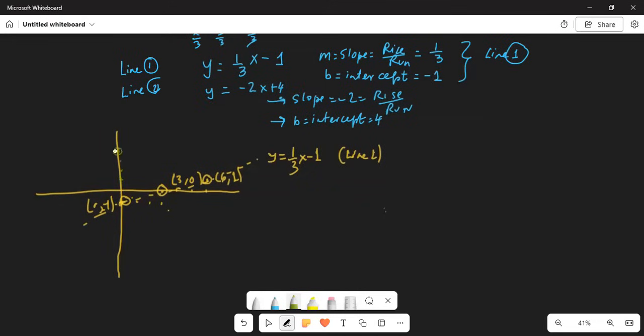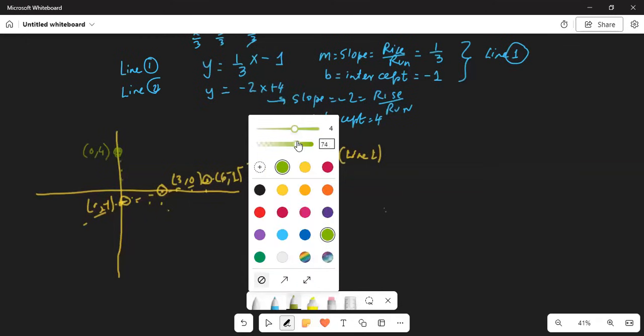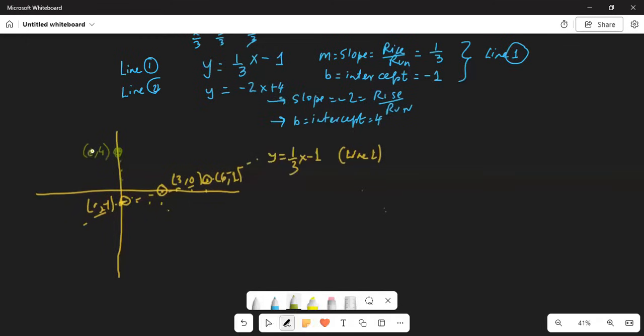This particular point, (0, 4), is the first point on this line. Let me take better care of this. So this is (0, 4), the first point for line 2.